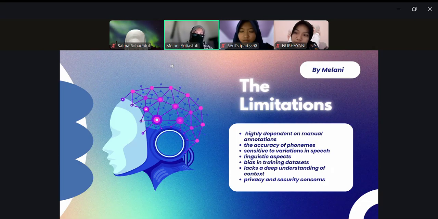AI systems require a large amount of personal data, including voice recordings, because we are learning about pronunciation, and since voice is considered biometric data, it raises the risk of data leaks if not properly protected. Maybe our voice can be used in other illegal uses or even on deepfake websites.